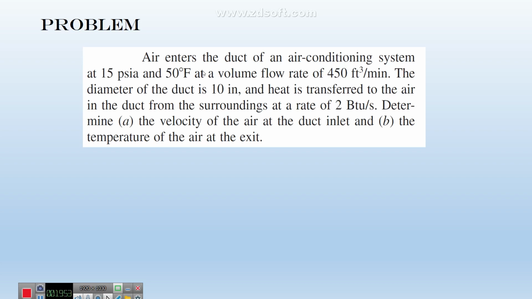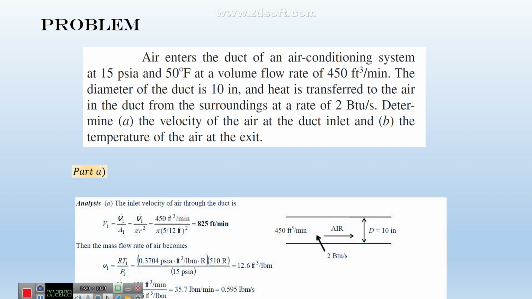The diameter is known, 10 inch, and then you just need to find the cross-sectional area. By having the cross-sectional area, you can simply find the velocity. So volumetric flow rate is velocity times area, and from here you can find the velocity.